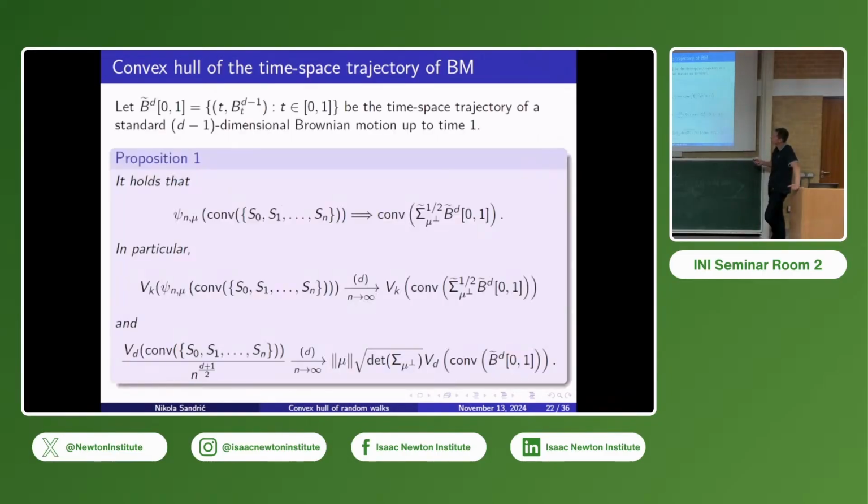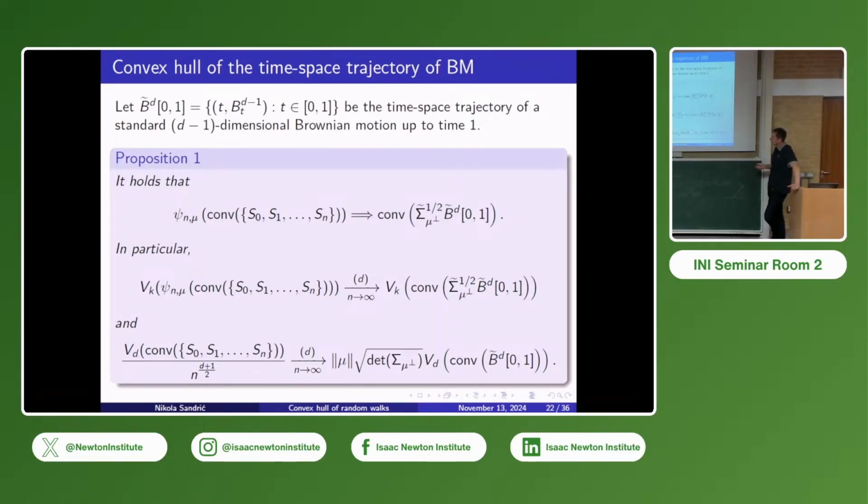Okay, and again, using same ideas as before, Donsker and continuous mapping theorem, we conclude that under this transformation, our convex hull converges to convex hull of this time-space trajectory of d-1 dimensional Brownian motion. Since intrinsic volumes are continuous, we also have this result.